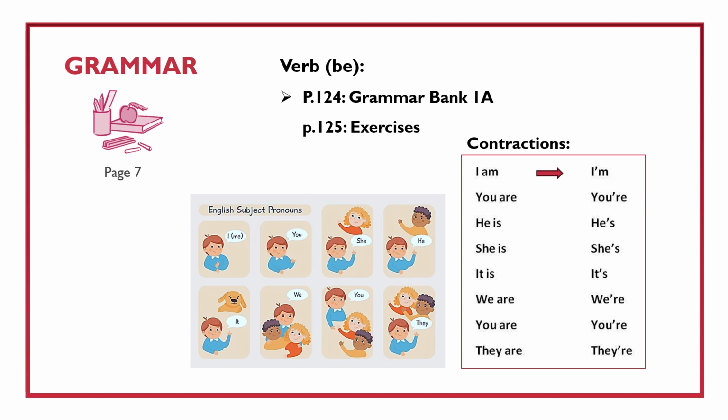He is used for a boy, just one boy. She for one girl. It for one animal or one thing. We for my friend and I, for example, or someone else and I. That would be we. And they means some people.